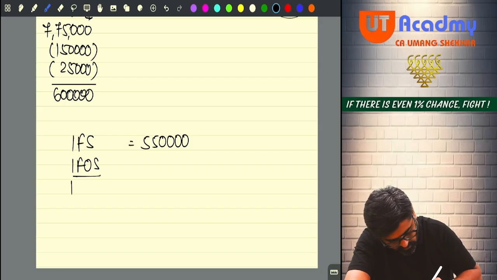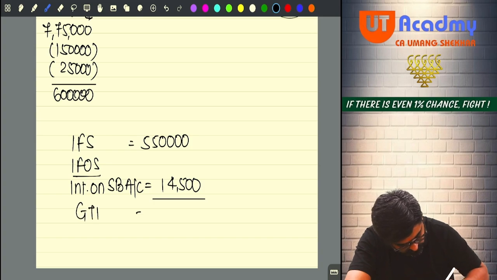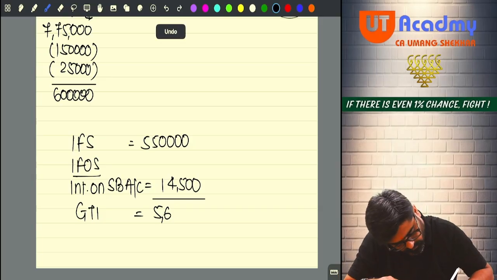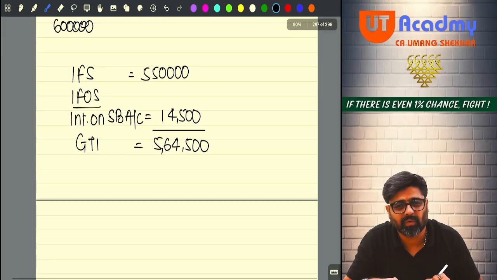In IFOS, interest on savings bank account, that is 14,500. So now you are going to get your GTI, that is 5,64,500.